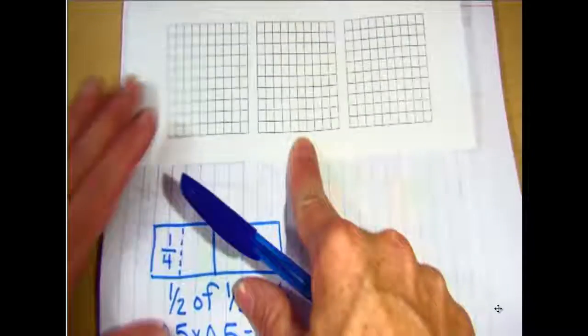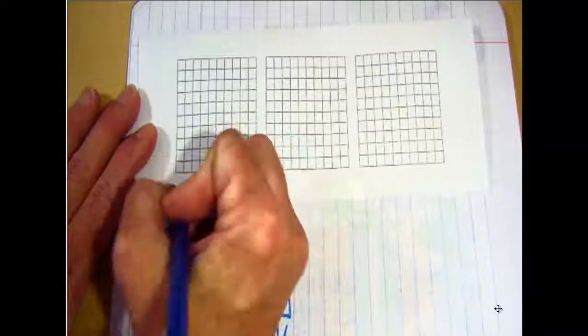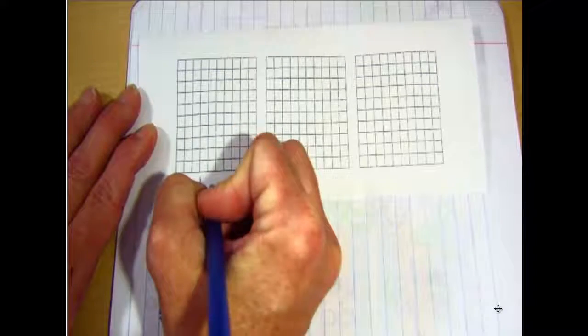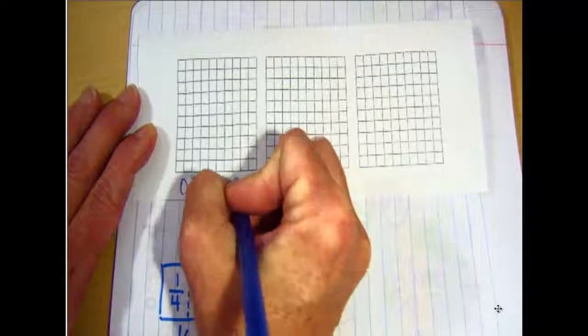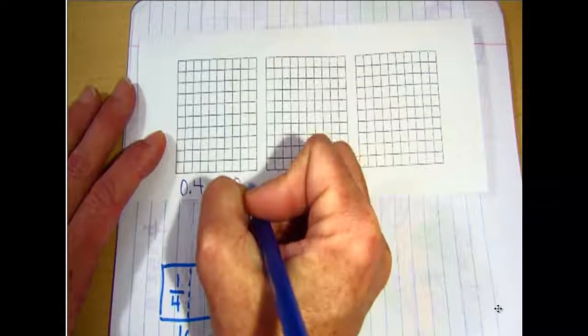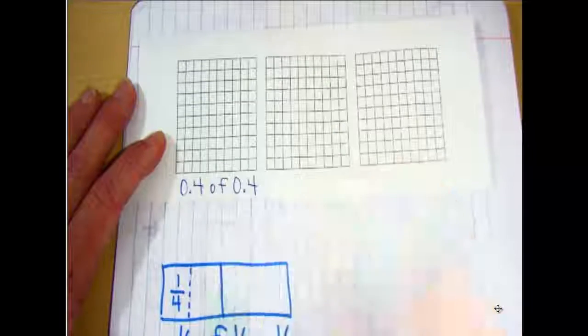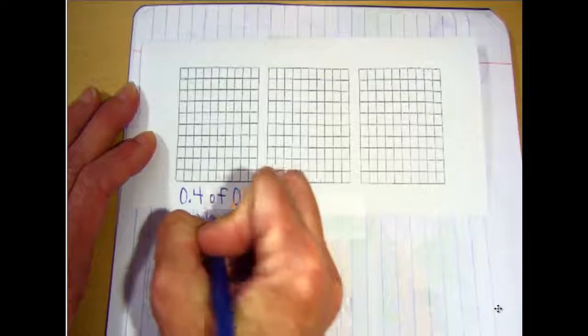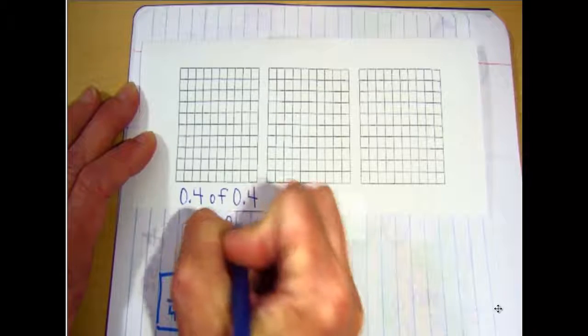I'm not going to go over 1 because I'm just going to show you what it looks like using tiny pieces. So if you see a math word problem and it asks you to find out what 4/10 of 4/10 is, that problem wants you to multiply 4/10 times 4/10.